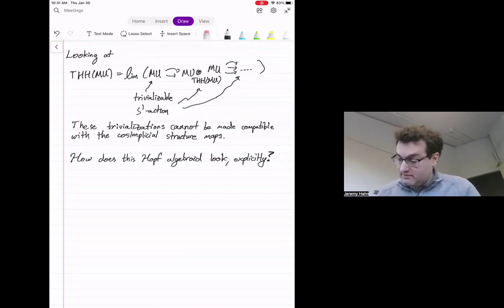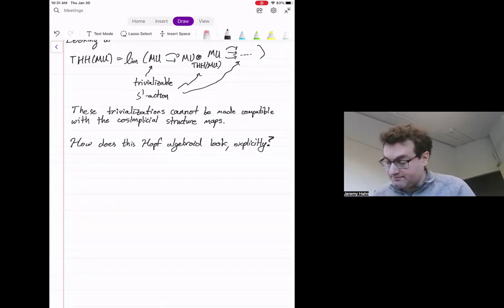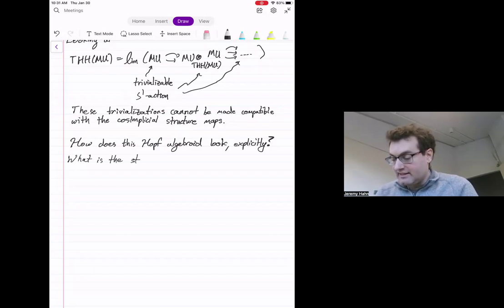Right. Okay. So let's see how I can describe this. First, maybe we've learned that the best way to think about Hopf algebroids, or at least a way to describe Hopf algebroids that is in principle digestible, is to ask what is the stack that it presents.